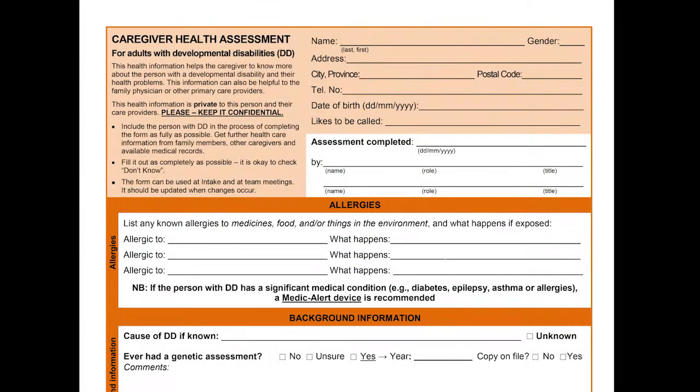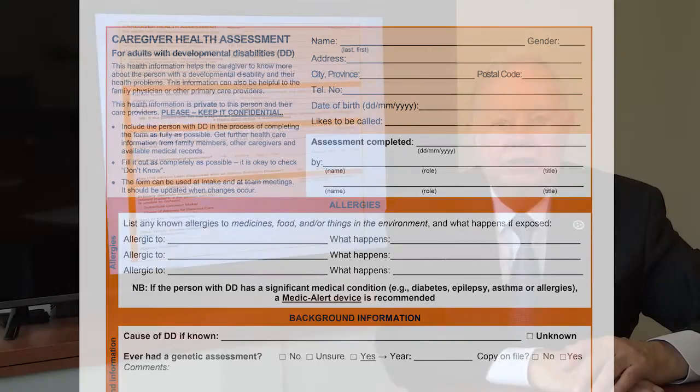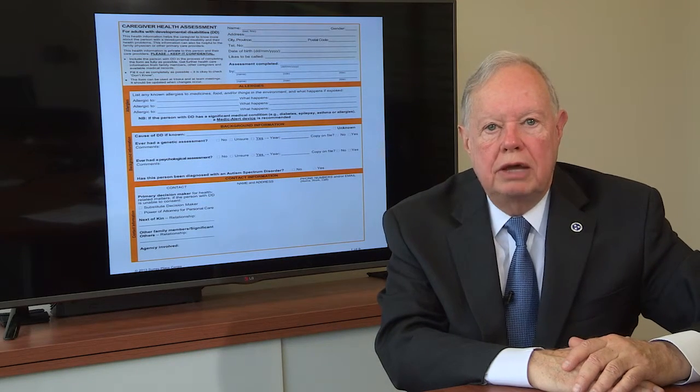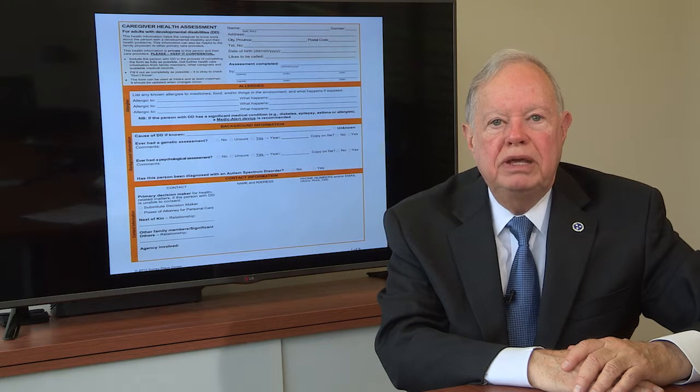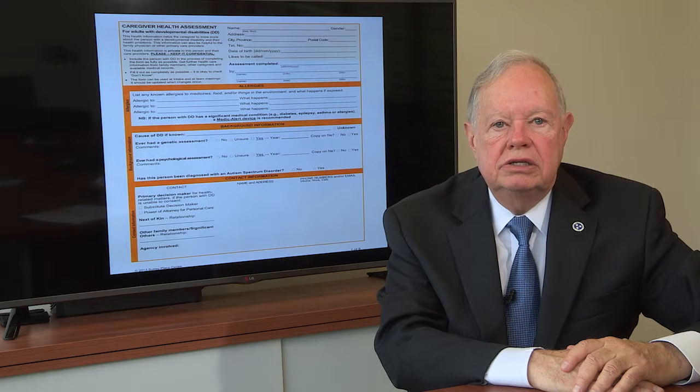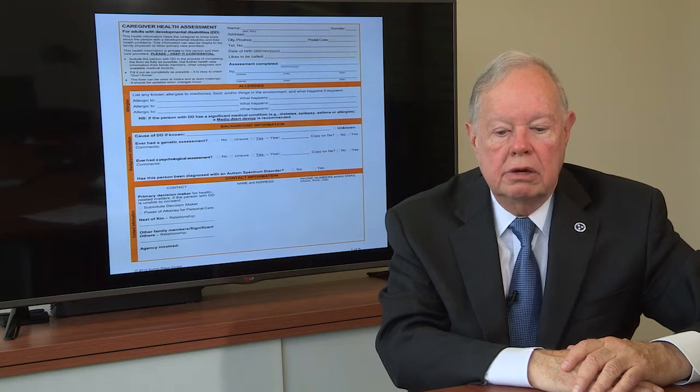Here's the second tool, the Caregiver Health Assessment. And in this video, we've included a link to the tool. This is a tool that was developed in Canada, and you'll know that because later in the tool, behavior is spelled incorrectly. But the information is completely applicable here.